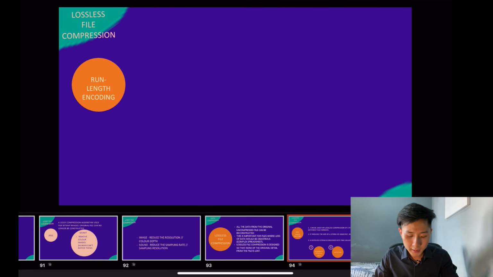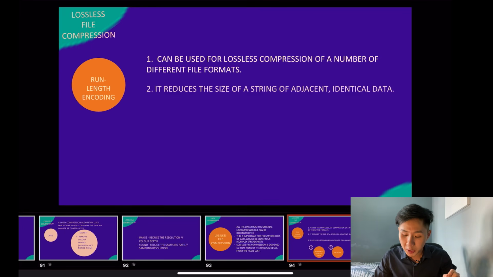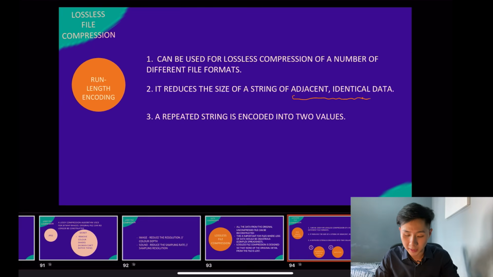One type of algorithm that does lossless file compression is called run length encoding. It is used for compression of different file formats. It reduces the size of a string of adjacent, that's the keyword, and identical data. A repeated string is encoded into two values.